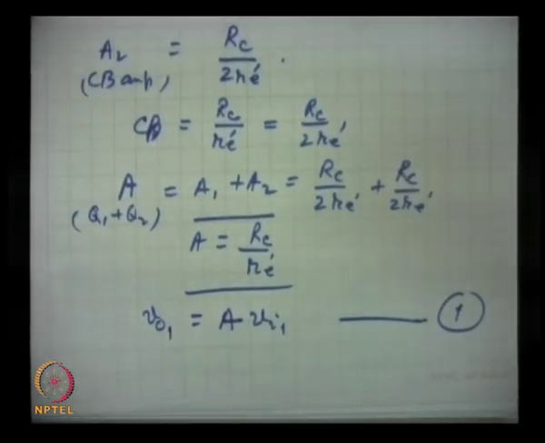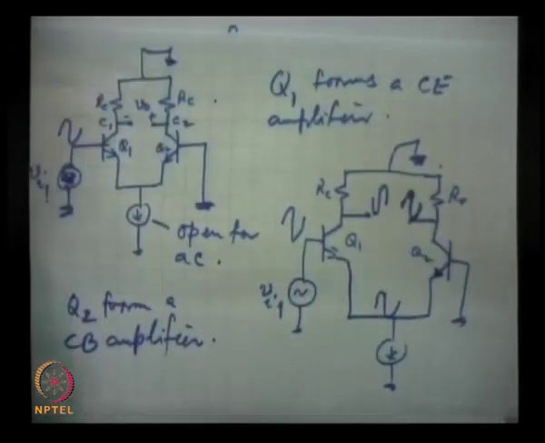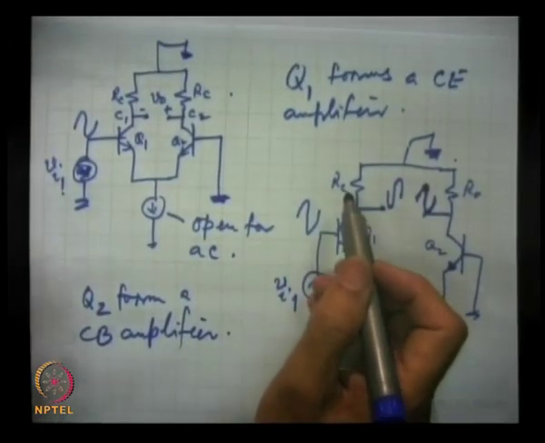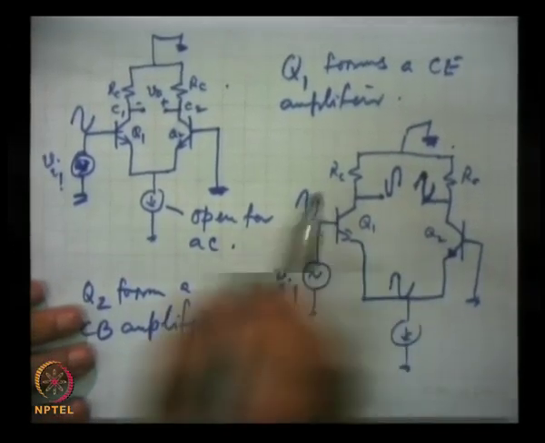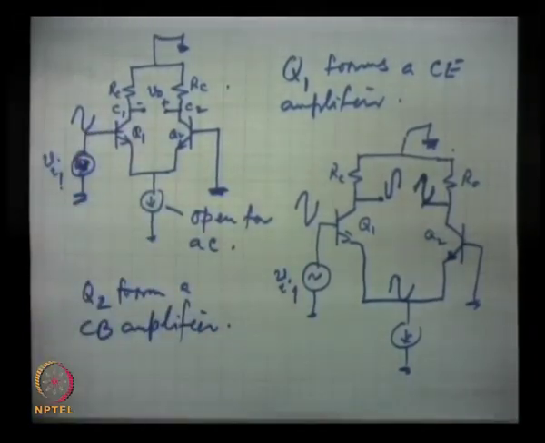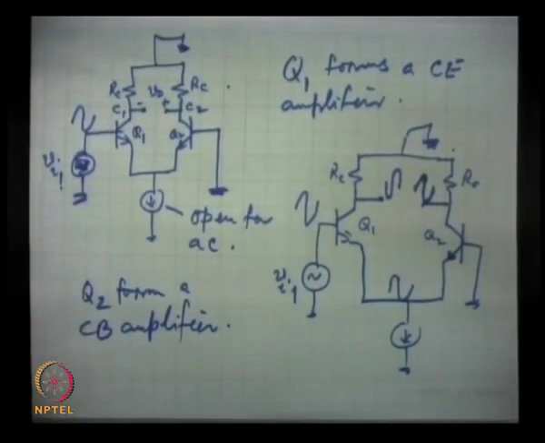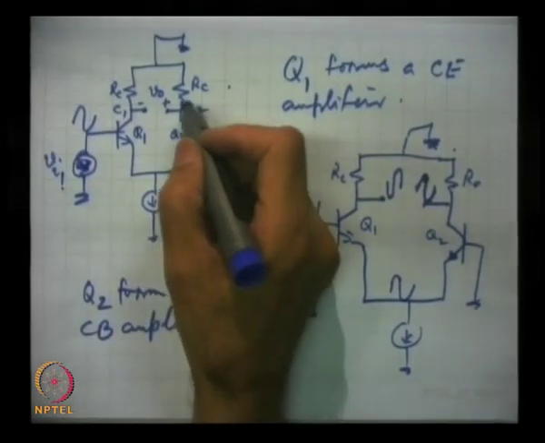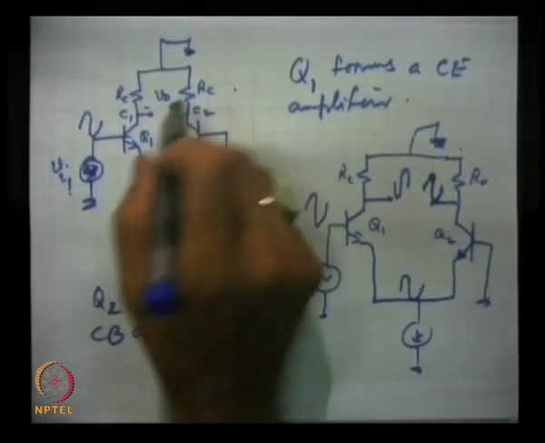Always remember one very important point: in the differential amplifier, when we take output from the two collectors, we are always taking it at C2 with respect to C1.